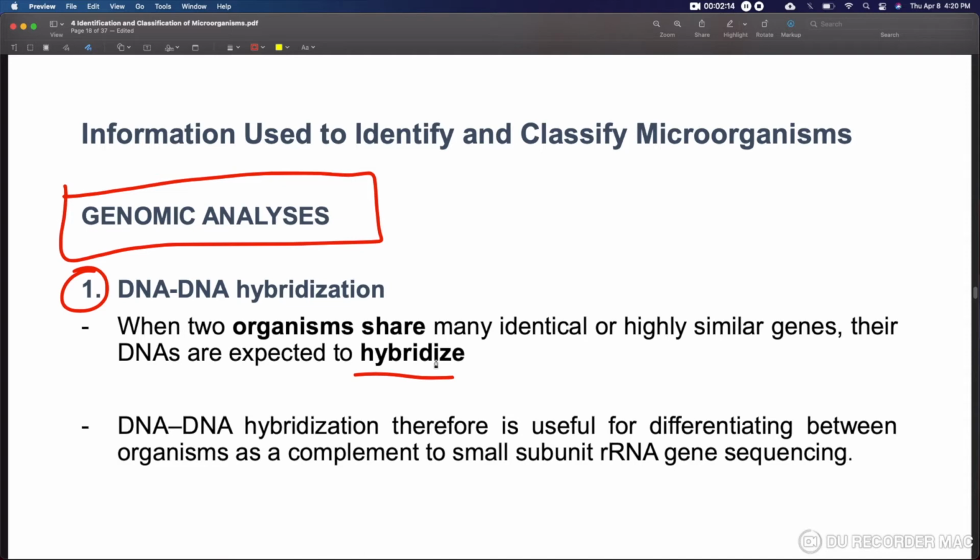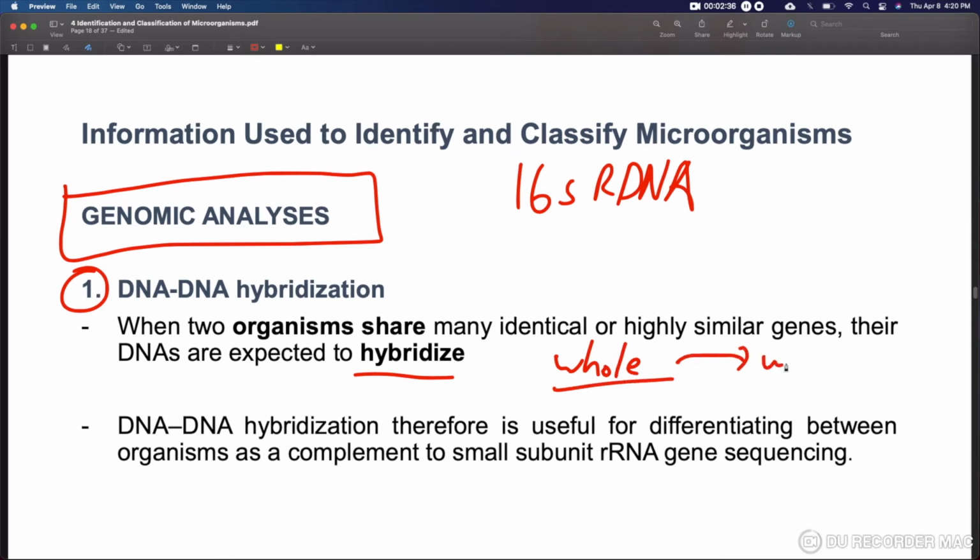So the thing about the use of DNA-DNA hybridization is that it's more powerful than just using the 16S rDNA, because for DNA-DNA hybridization, you're using the whole genome of that bacteria and comparing it to the whole genome of another bacteria.